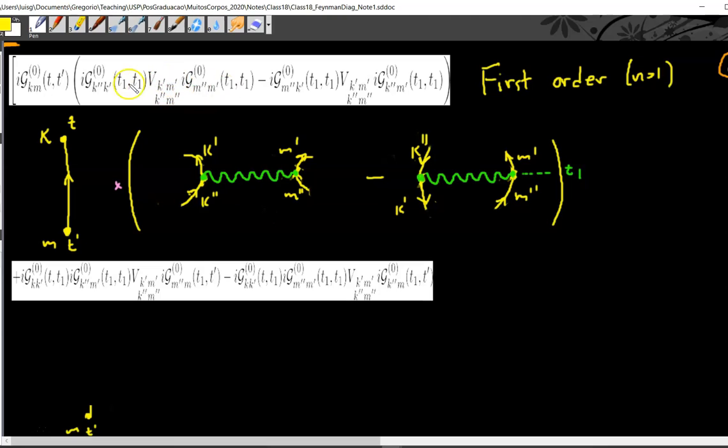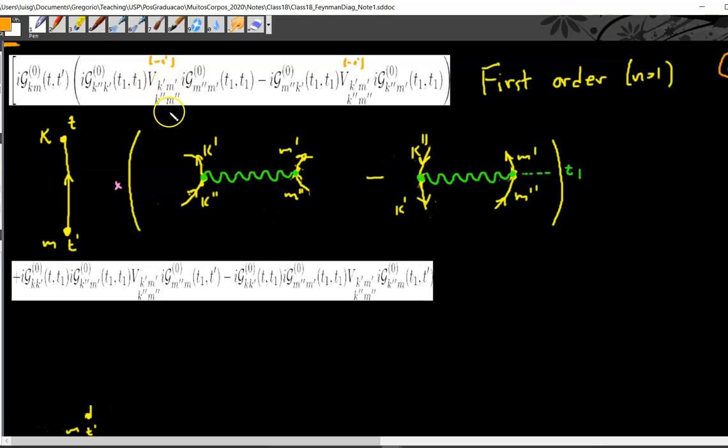In each of these 2 terms, I have an interaction line. Notice that I have a minus i in front of the whole sum, so you might want to think that you have a minus i here in front of this guy and a minus i here, so you can then represent this as a wavy line, okay? And this k prime to k double prime and m prime to k double prime will be propagation lines.